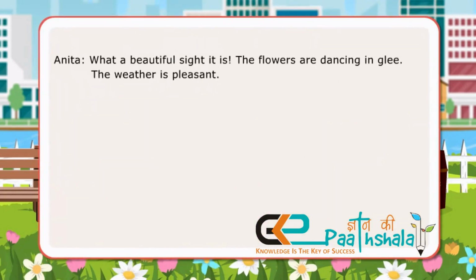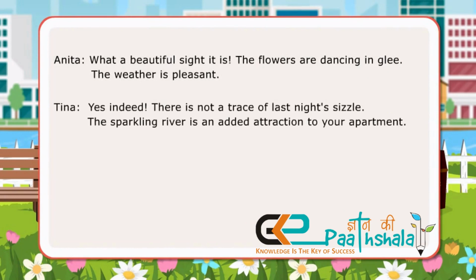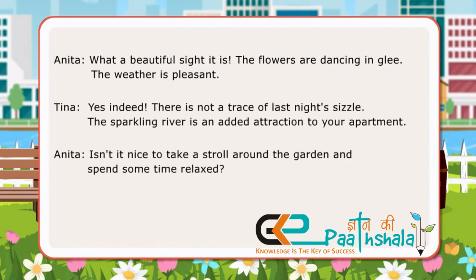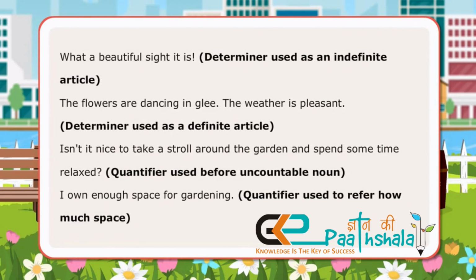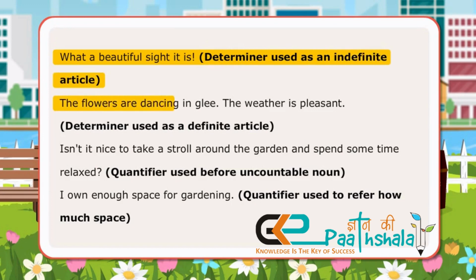In the above dialogues, the two friends have used determiners and quantifiers to tell about the nouns and its quantity. Here are a few examples. What a beautiful sight it is. Determiner used as an indefinite article. The flowers are dancing in glee.